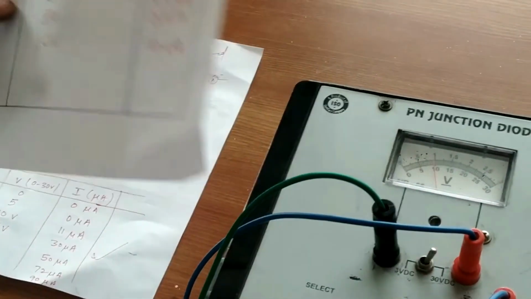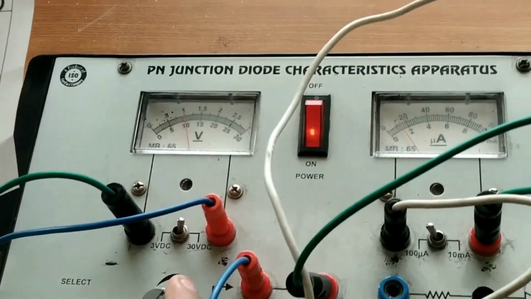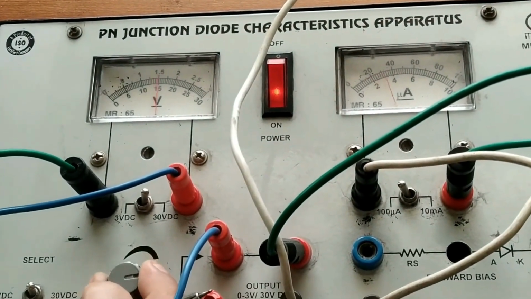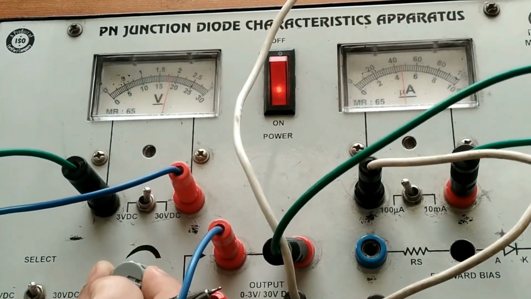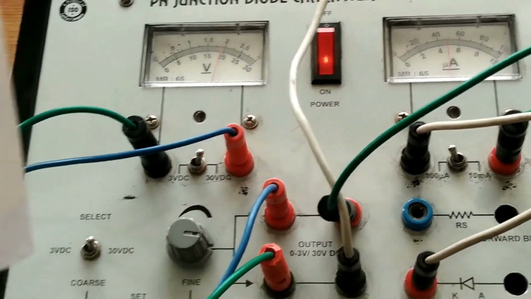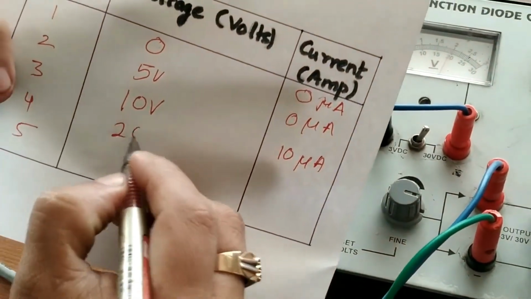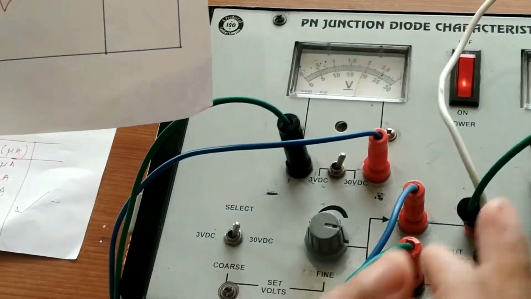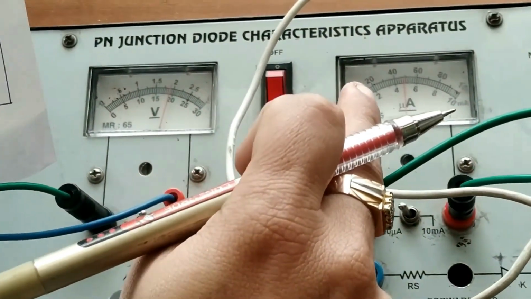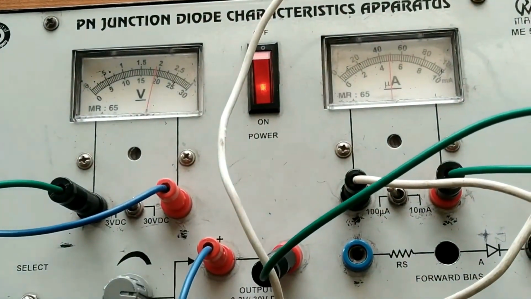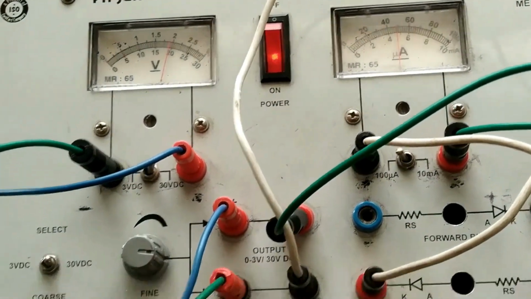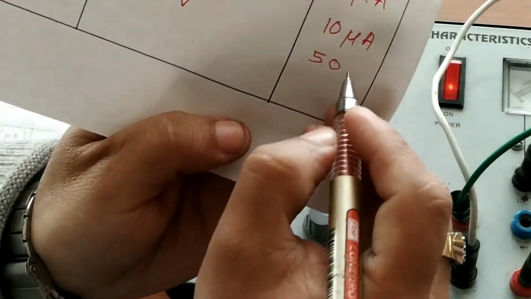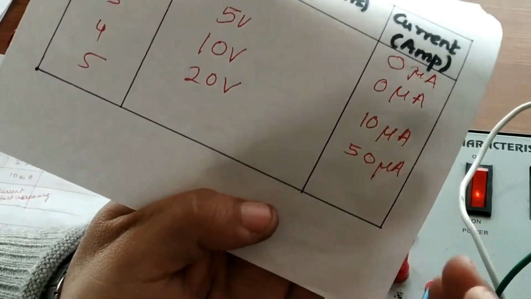Now we are going to increase it to, let's say, 20. We have selected 20 volt, and the current we are getting is roughly 50 microampere.